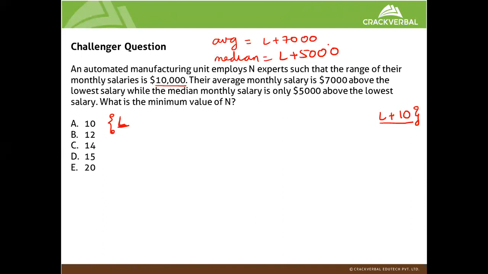How did he proceed from here, Arun? Perfect. You started off absolutely fine. How would you figure out the minimum value of n, the total number of elements? Okay.